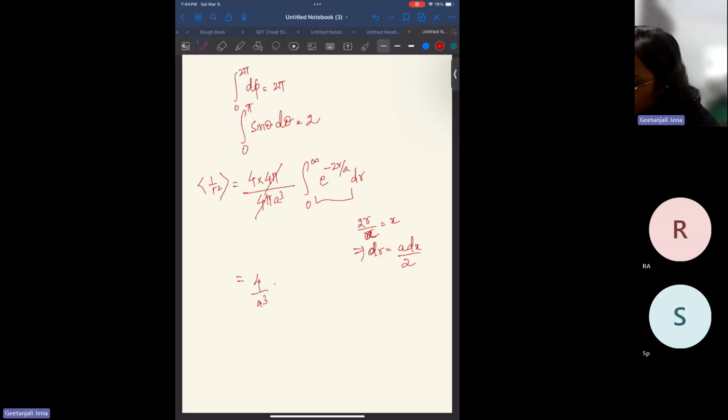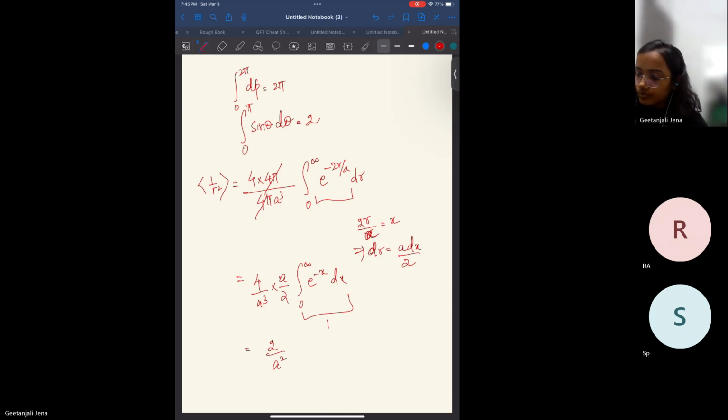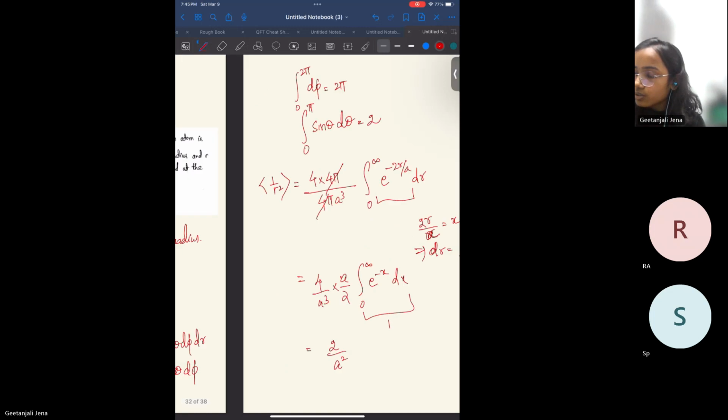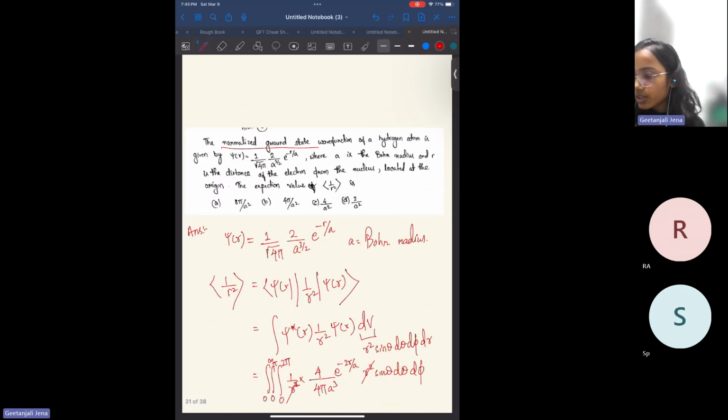So this is 4 by a cube. We will get a by 2 here, integral 0 to infinity e to the power minus x dx. This is 1. So that means this is 2 by a square. So the expectation value of 1 by r square is 2 by a square. Okay, this is how you can solve the expectation when the psi of r is given in this form.